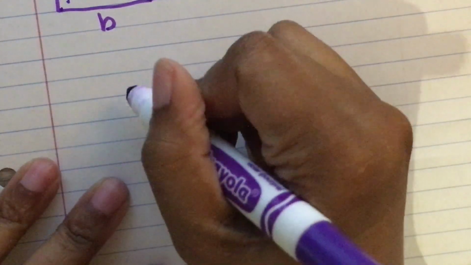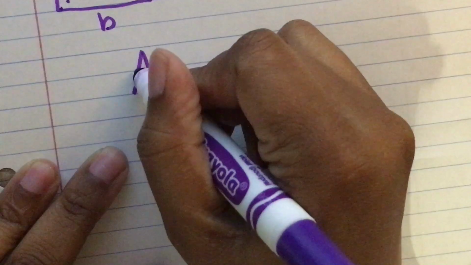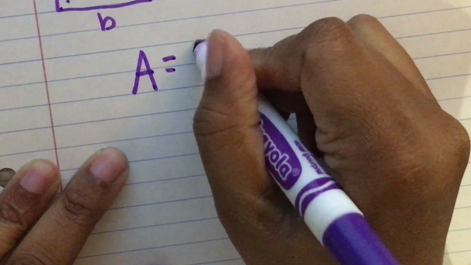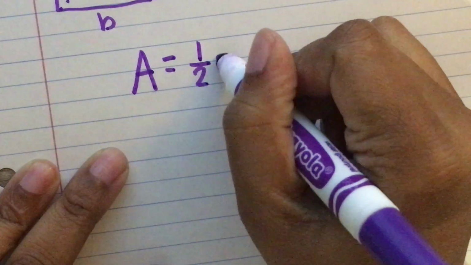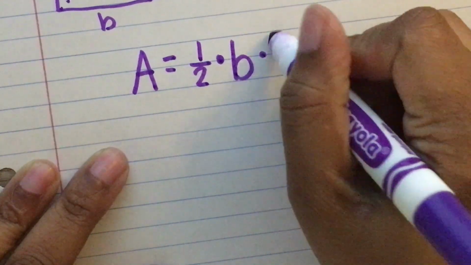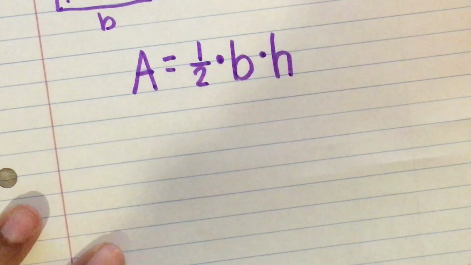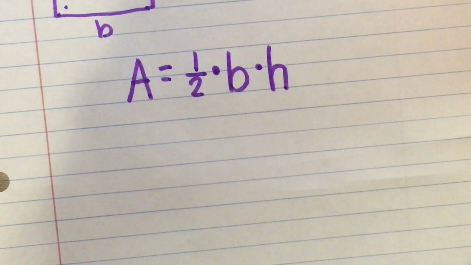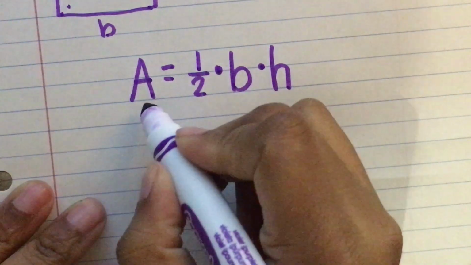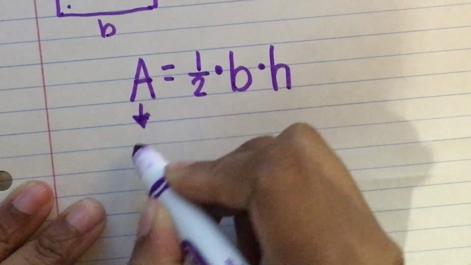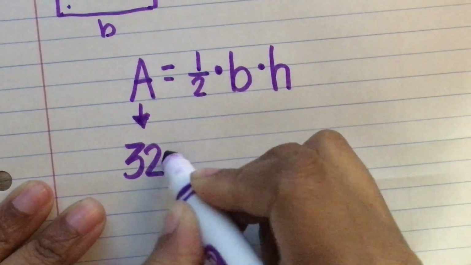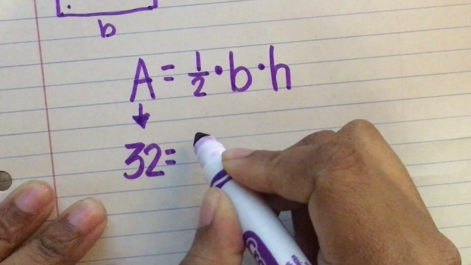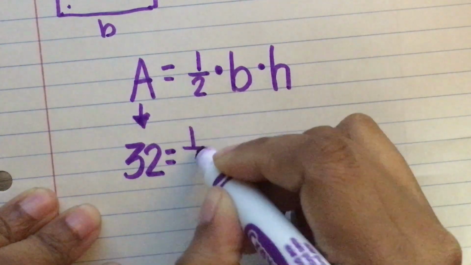Okay, so once again, formula for a triangle is area equals 1/2 times the base times the height. So I'll put those in there just to know that we're multiplying. So what we know from number 1 is that the area is 32 square inches. This 1/2 is a constant. That means it's going to stay the same.